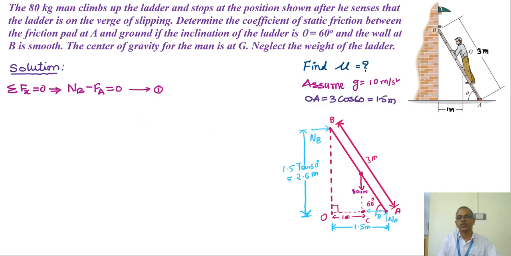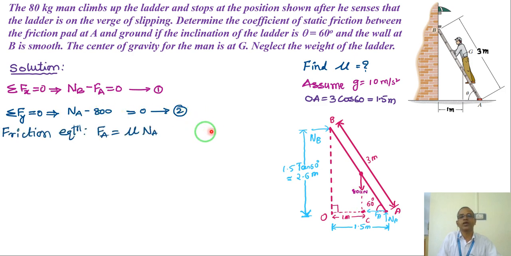This is simple, summation Fx equal to 0. There are no inclined forces here. In most of the ladder problems we don't have inclined forces. Next, summation Fy. Here there is no y direction force other than NA and 800. Very simple. NA minus 800 equal to 0. That means NA equal to 800.